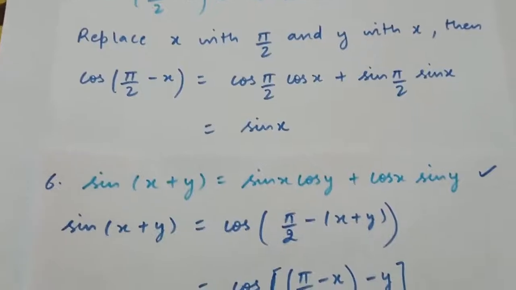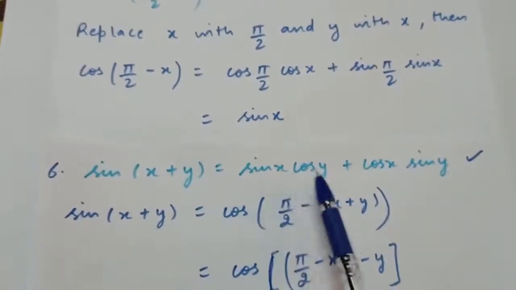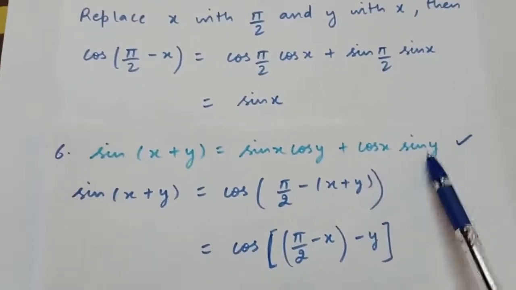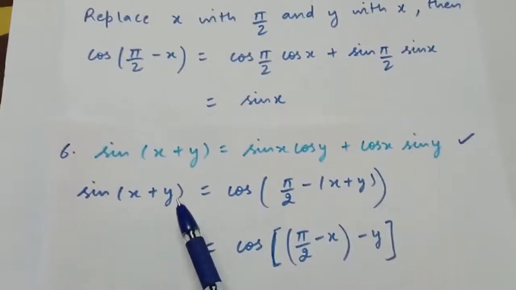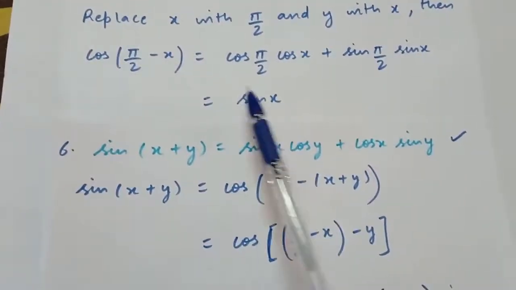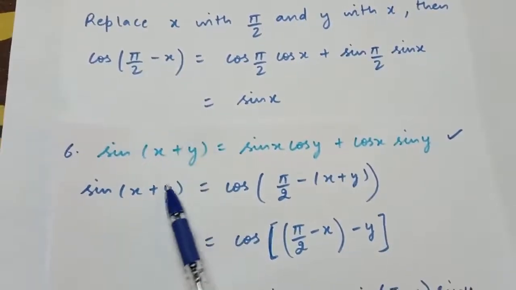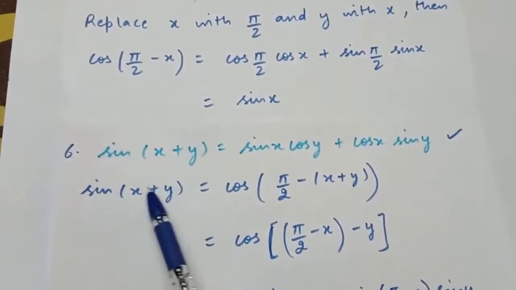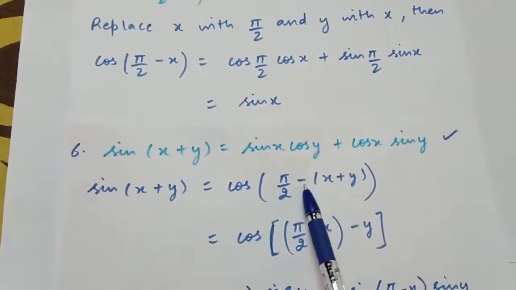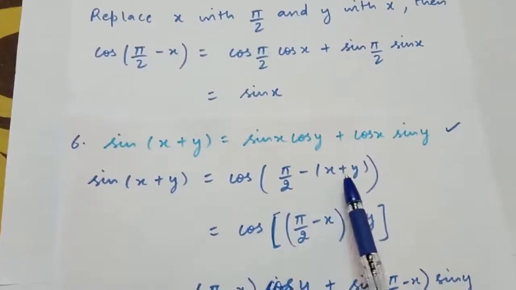Now we will derive that sin x plus y is equal to sin x into cos y plus cos x into sin y. So see, sin x plus y is equal to, because sin x is equal to cos pi by 2 minus x, where here x is this complete x plus y, cos pi by 2 minus x plus y in the bracket.